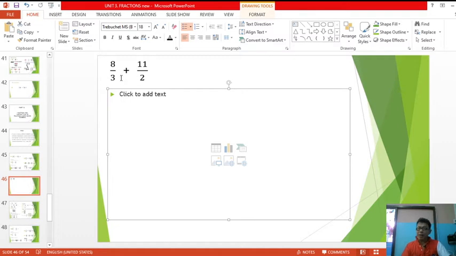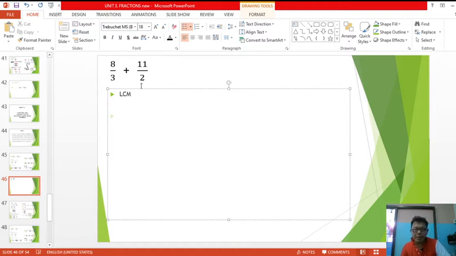Again, we will extract the denominators first and find the LCM. We use the denominators 3 and 2. Now look, 3 and 2 are both prime numbers, so you don't need to do the division thing. To find the LCM, all you have to do is just multiply.